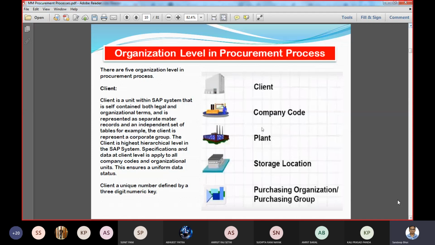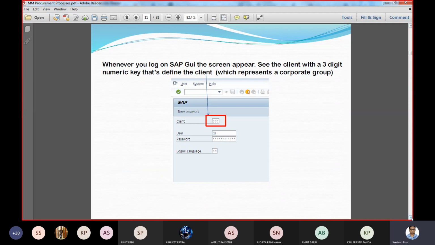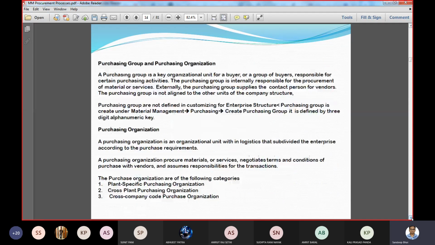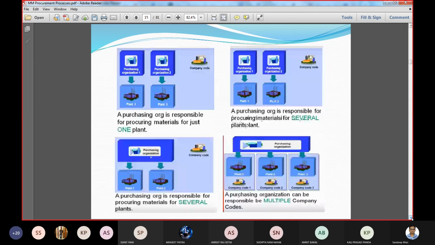I'm not clear, can you explain once again? You said the purchasing organization at various levels is not constrained to be unique at every level. It can vary upon the variety of levels we have discussed, from plant to company.